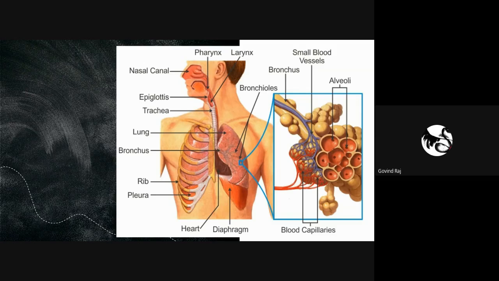Here we can see the pleura. The pleura creates a pouch or a bag in which the lungs are situated. In a sense, the lungs are just floating inside this pleural bag from the point of attachment, which is known as the hilum.